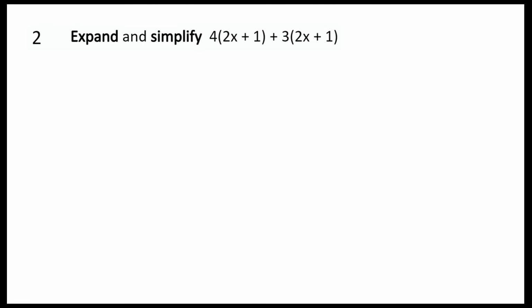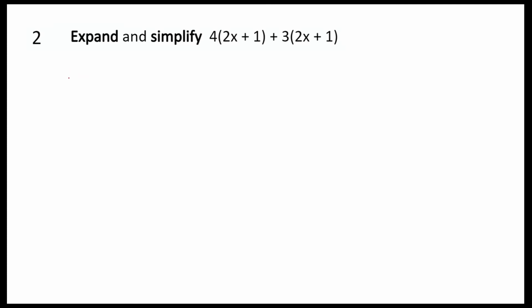Question 2 will always ask you to expand and simplify some brackets. In order to do this, we need to know two things. First of all, how to expand the brackets, and secondly, how to collect the like terms together at the end and simplify this answer. I'm going to start by writing the question out again.